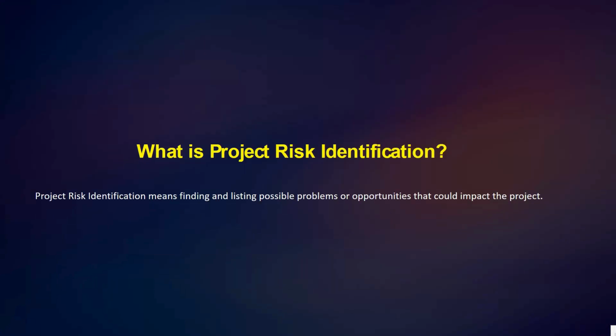So first, what is project risk identification? Project risk identification means finding and listing possible problems or opportunities that could impact the project. Actually, risk identification is the process of systematically recognizing and documenting potential risks, both positive and negative.